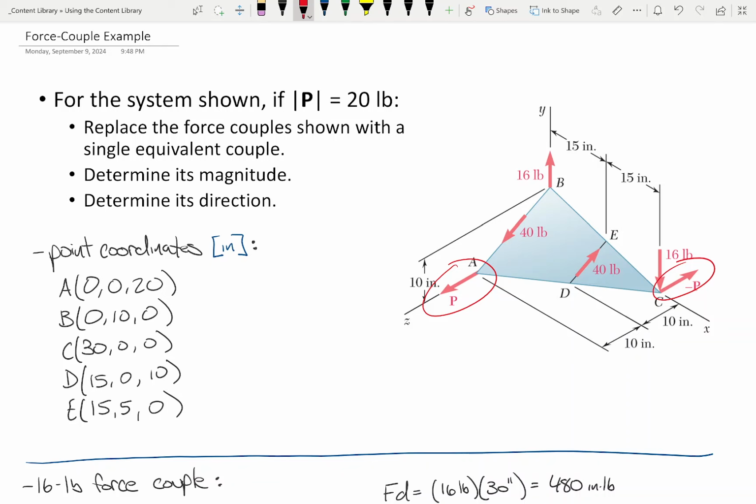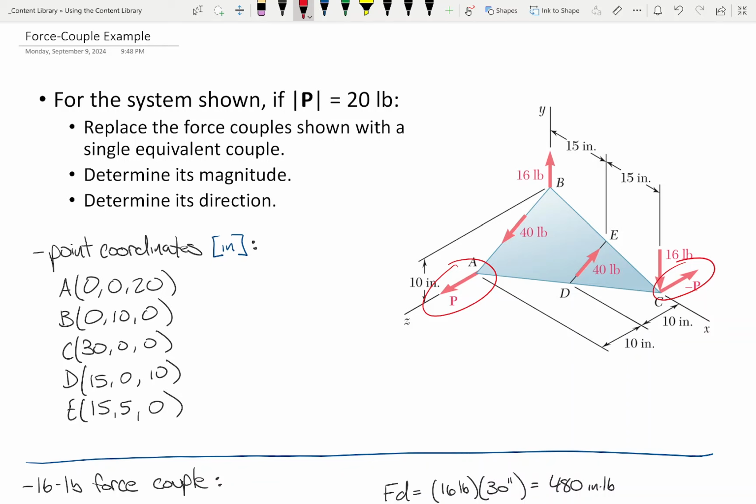Okay? Is this causing clockwise rotation or counterclockwise rotation? Counterclockwise. It's rotating it like that. Is that positive rotation? Yes. Does everybody see that? So we're rotating about the y-axis, and it's counterclockwise rotation, so it's positive. The force in this case is 20 pounds.